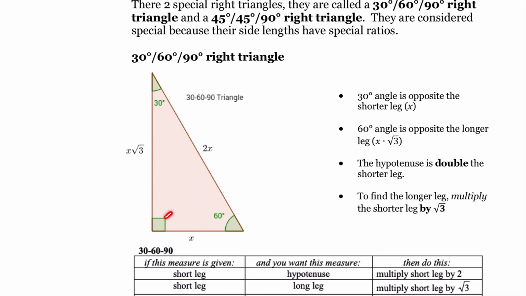And then the hypotenuse. The hypotenuse is always opposite the right angle, this guy here. So how do I find this guy? Well, whatever x was, you just double it. Multiply by 2. Okay? So that is a 30-60-90. Right below it, I put a little table. This is kind of your cheat sheet.